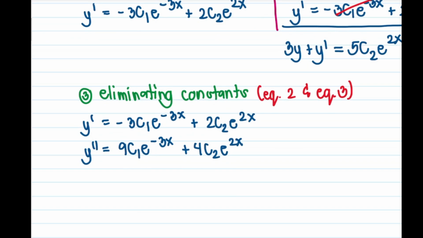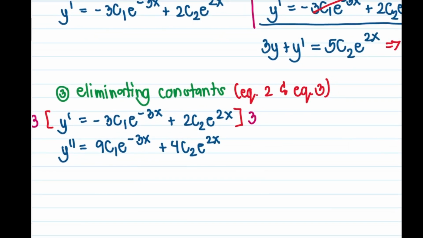So let's see what we can do to eliminate. So I will eliminate C1 again. I think we can multiply equation 2 by positive 3. Let's multiply it by positive 3 and simplify.